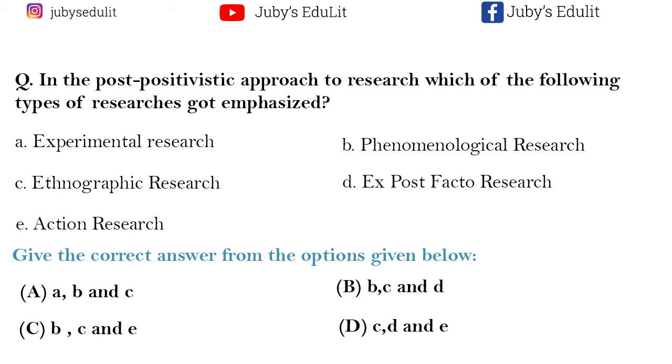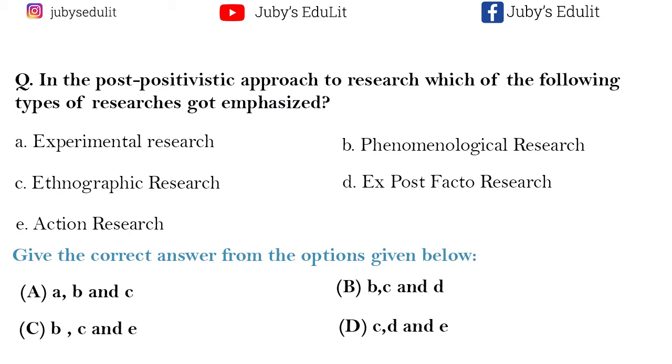So now coming to our question, post-positivism goes with, as you have already guessed, phenomenological research, which involves real life situations, and ethnographic research, again a real life situation, and finally action research. Why? Because action research involves practices that help to develop practical solutions to address problems quickly.